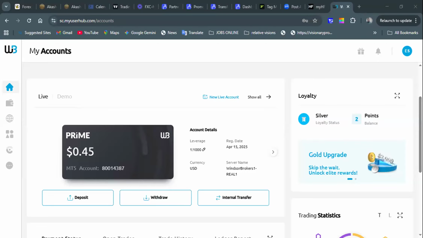Sharing my screen is not coming up. Can you see my screen now? Anybody? Stop sharing. Share again.